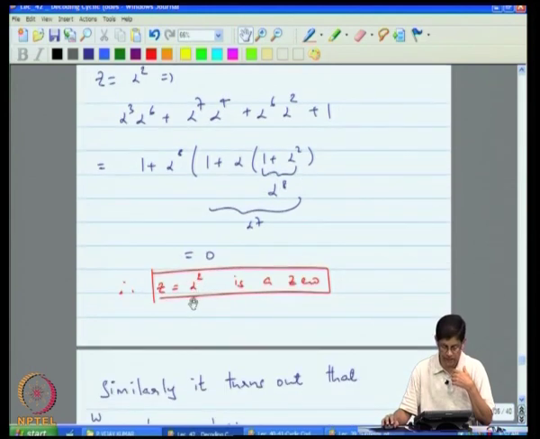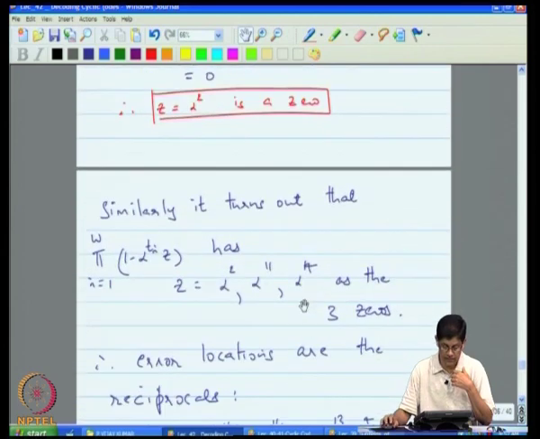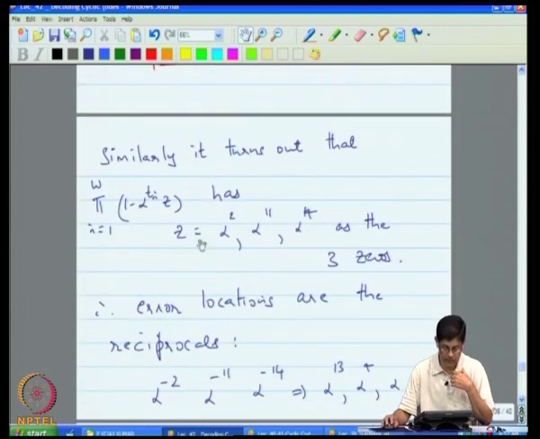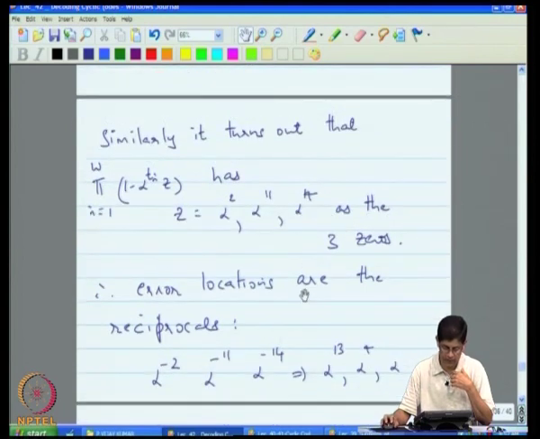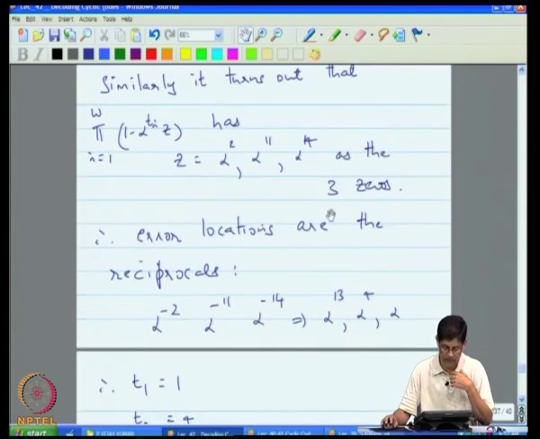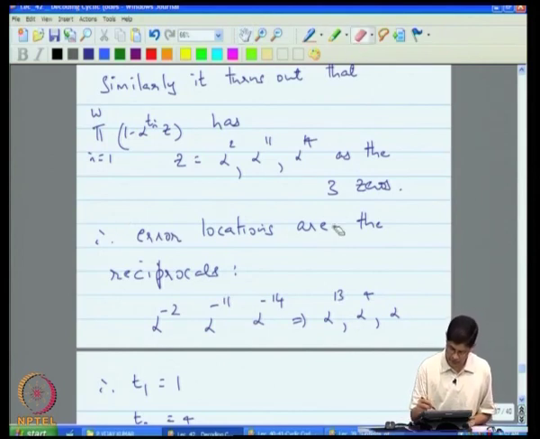And so, z equals alpha squared is a 0. Similarly, it turns out that this polynomial here has the 3 zeros alpha squared, alpha 11, alpha to the 14. And you can see from the way this is structured that the error locations are not the zeros themselves, but rather correspond to the reciprocals.